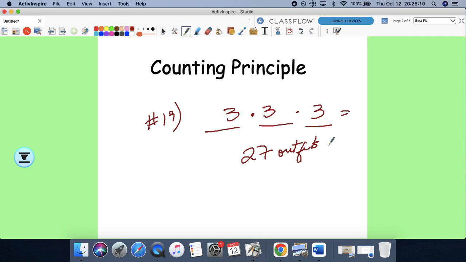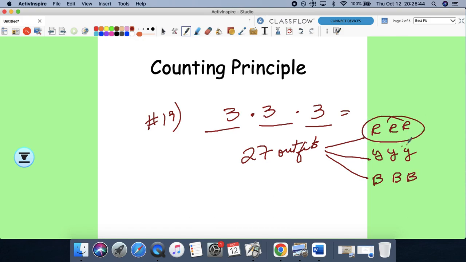So out of the 27 outfits, there's one set that can be, let's see, red, yellow, blue. There's one set that can be red, red, red: red shirt, red skirt, red belt. There's another set that can be yellow shirt, yellow skirt, and yellow belt. And there's one more that can be blue shirt, blue skirt, and blue belt.